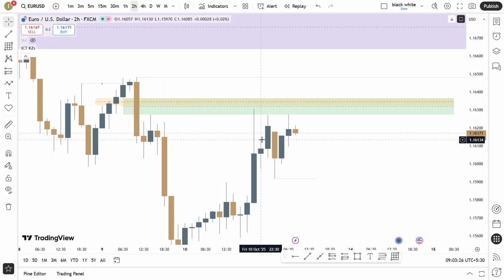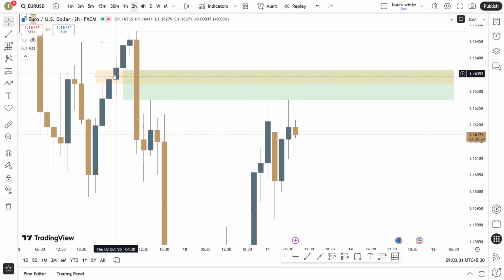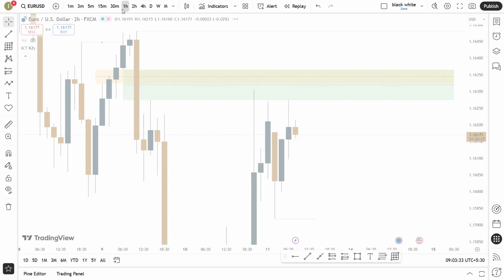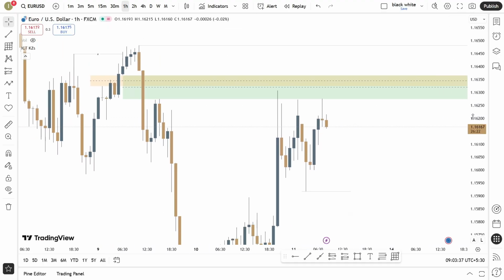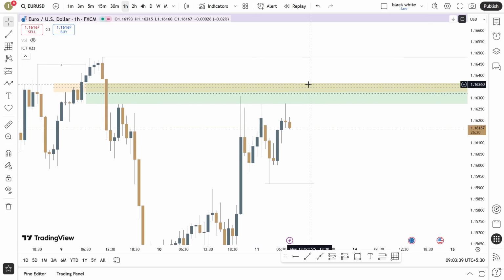So let's move to the 2 hours, and even in 2 hours what we see is that we are having this BPR right at this zone, and even in 1 hour I had marked this BPR. So more likely we can possibly go high, tap this BPR and then come down.